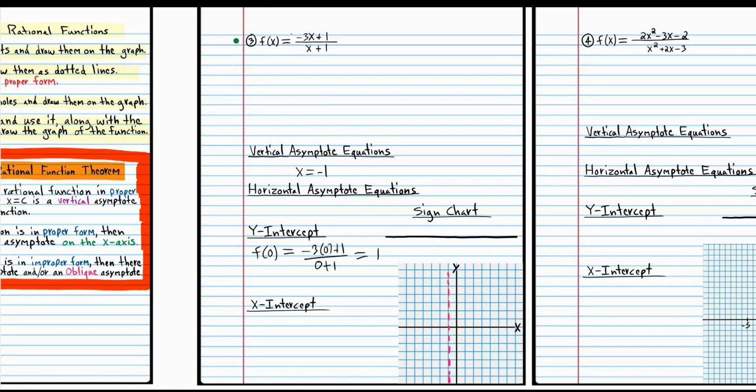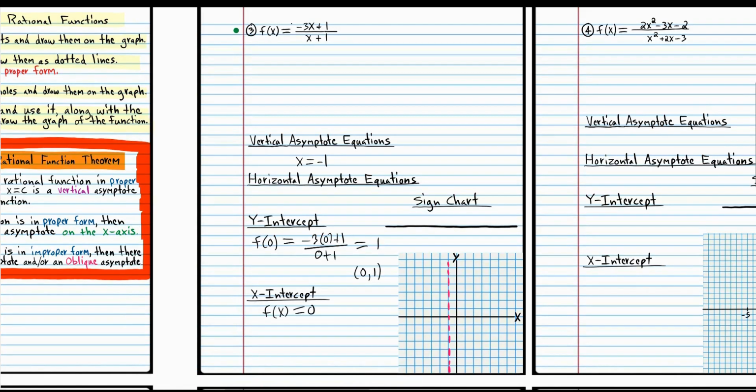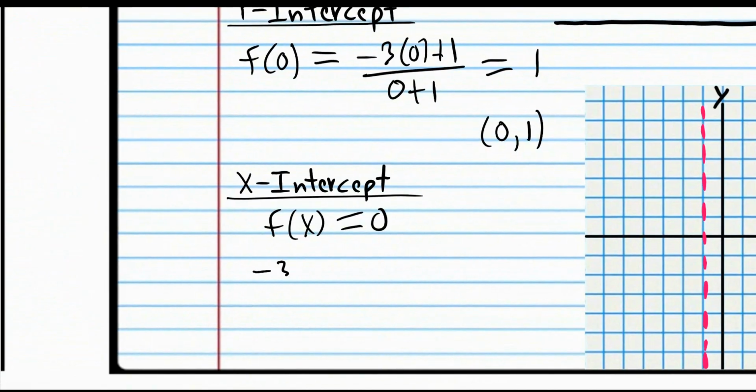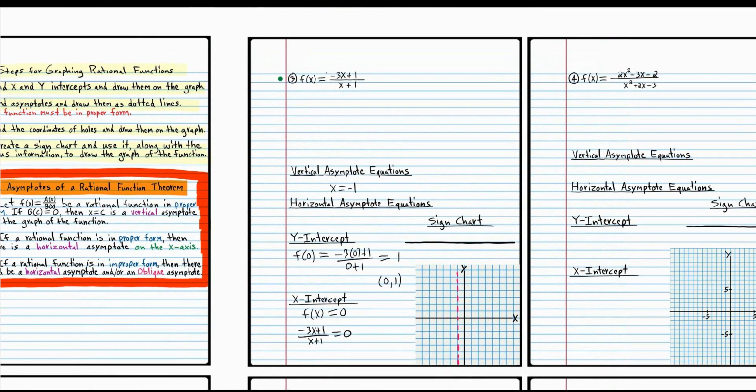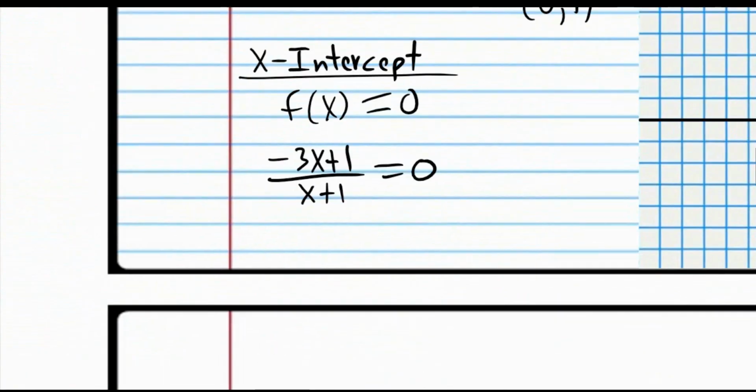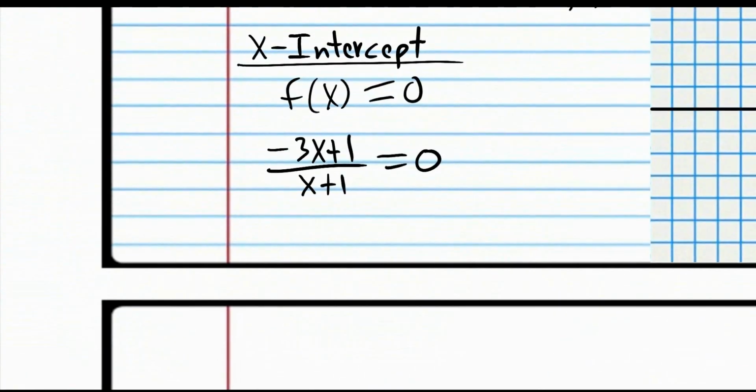And it is (0, 1). To find the x-intercept, we let the y value be 0 and then solve. And the only way to make that fraction 0 is to make the numerator 0, and only the numerator.